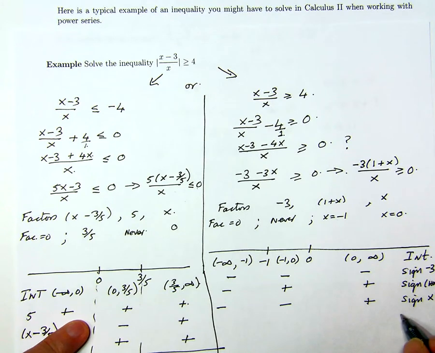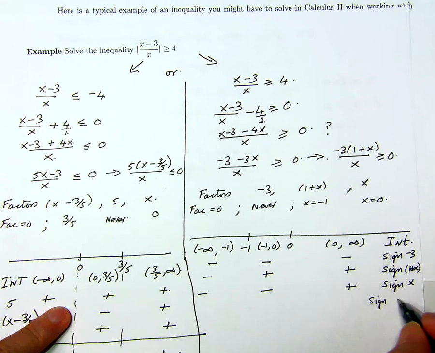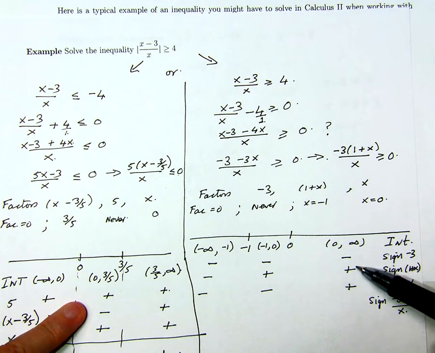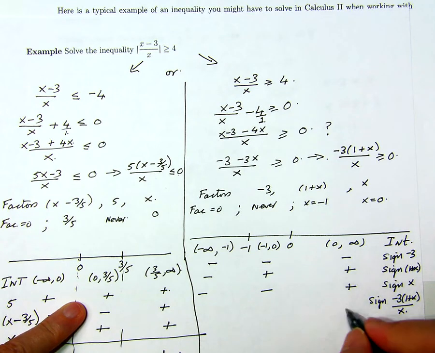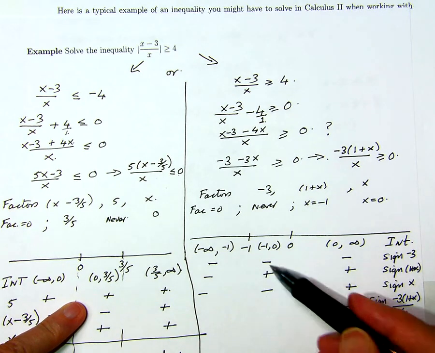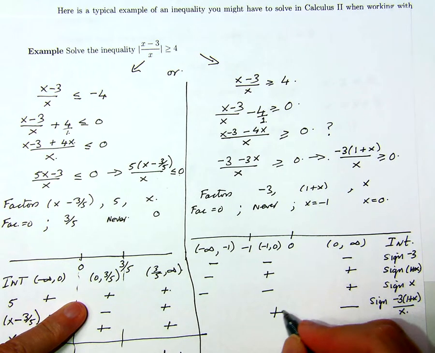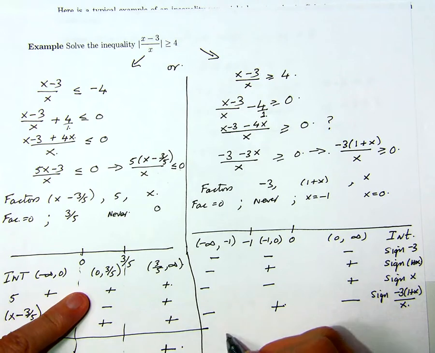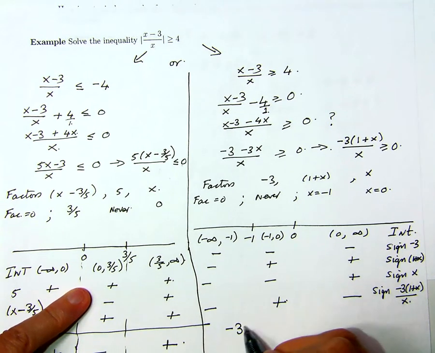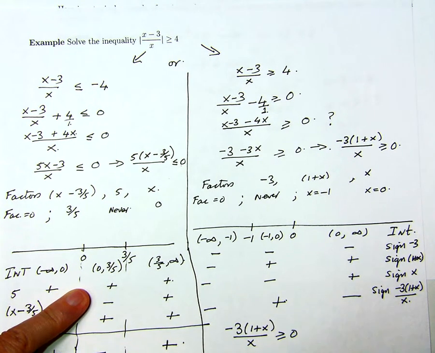And now the sign of my rational function here, minus 3 times 1 plus x over x, this is a combination of 2 pluses, 1 negative. There's an odd number of negatives, so it's going to be negative. An even number of negatives here, so it's going to be positive, and an odd number of negatives here. And I'm looking for the x values for which minus 3 times 1 plus x over x is greater than or equal to 0.